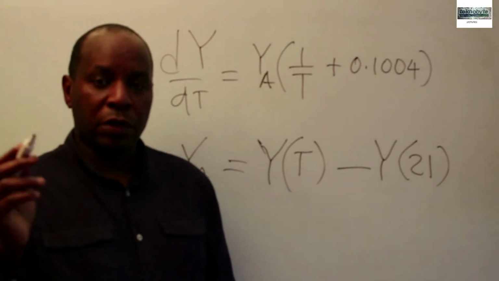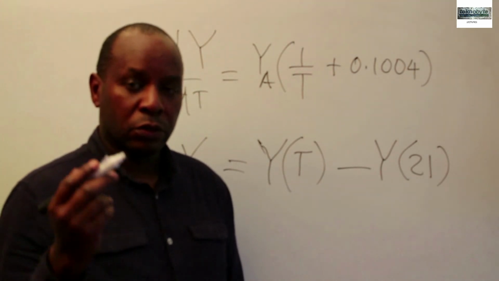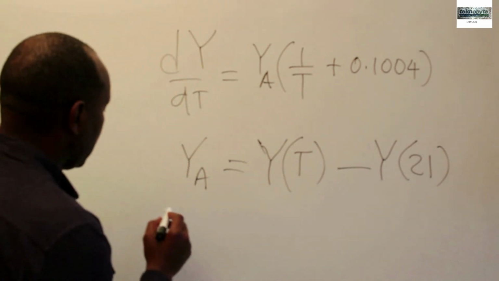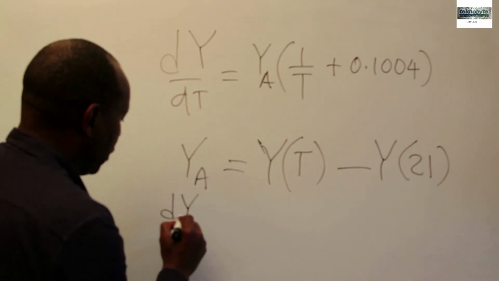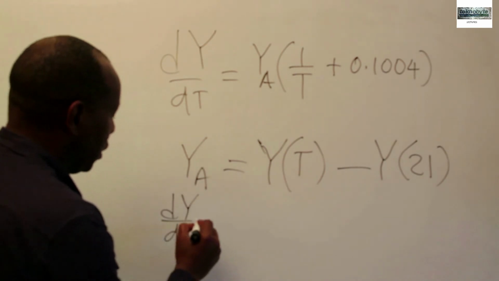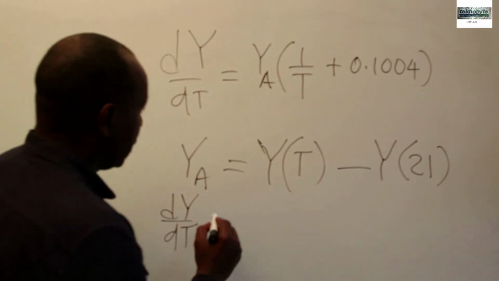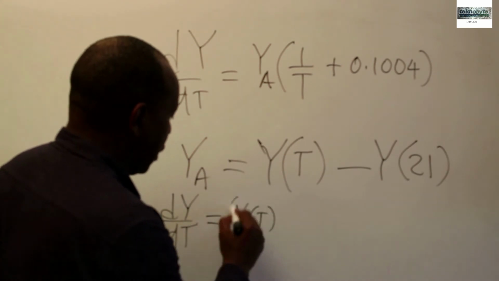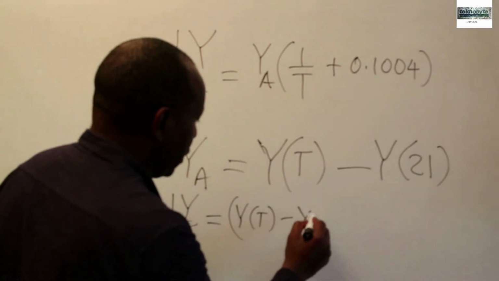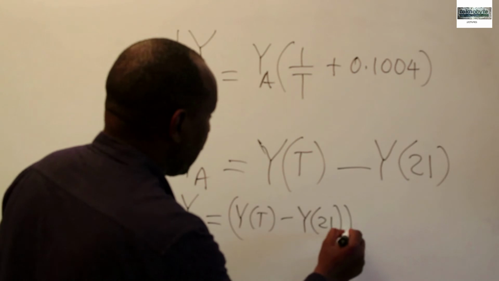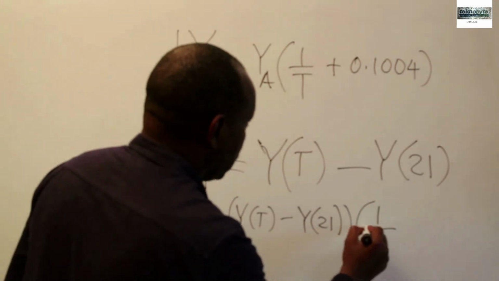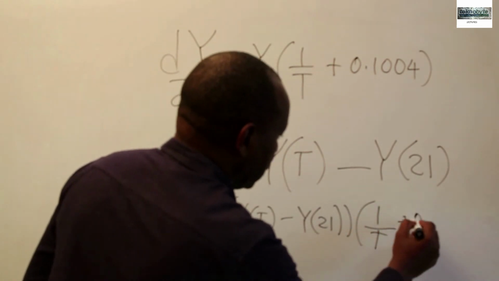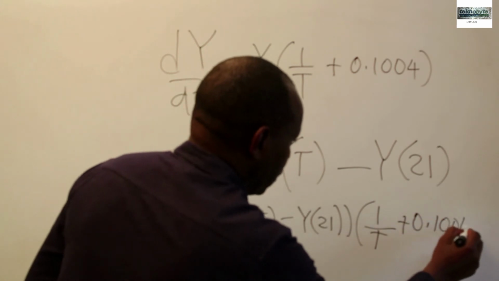We can now modify our model to look as follows. dy over dt, that is the growth of the total number of cases, is equal to y of t minus y of t minus 21, times 1 over t, plus 0.1004.